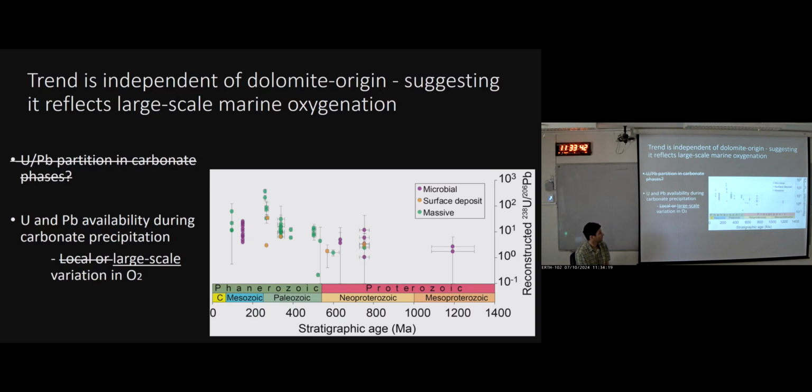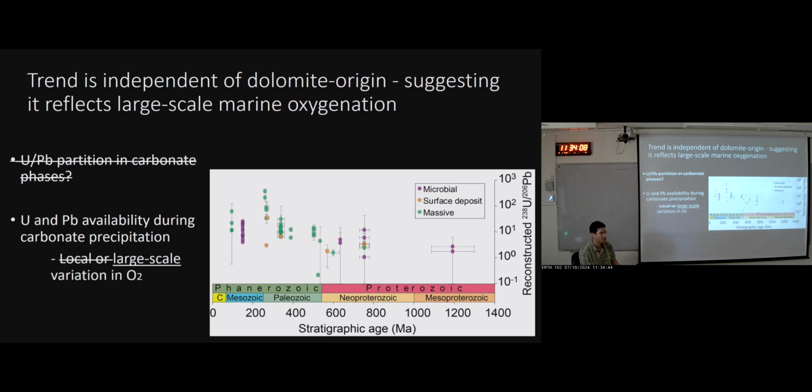And if this is all a signal that was forming in the sediment, we expect that microbial dolomites, which are associated with very sharp redox gradients in the sediment, will systematically be lower. And yeah, maybe they are a little bit lower here, but remember, this is a log scale. They are significantly higher than anything that we find here.